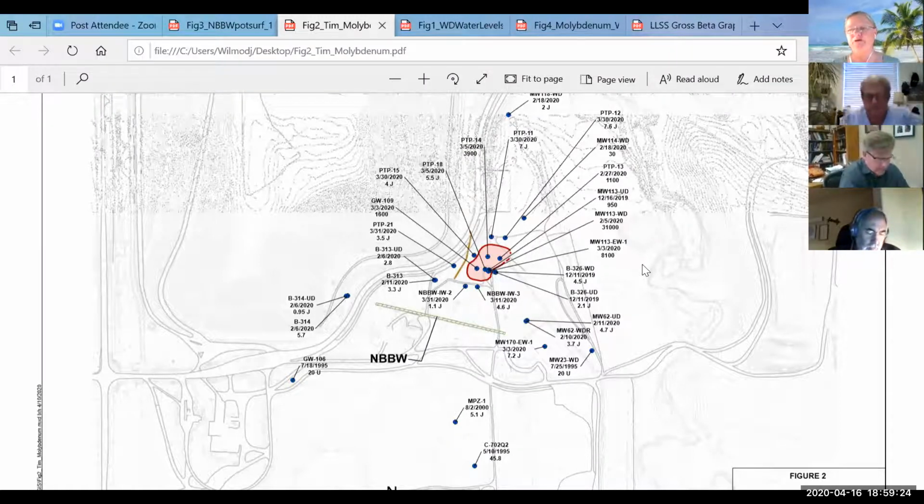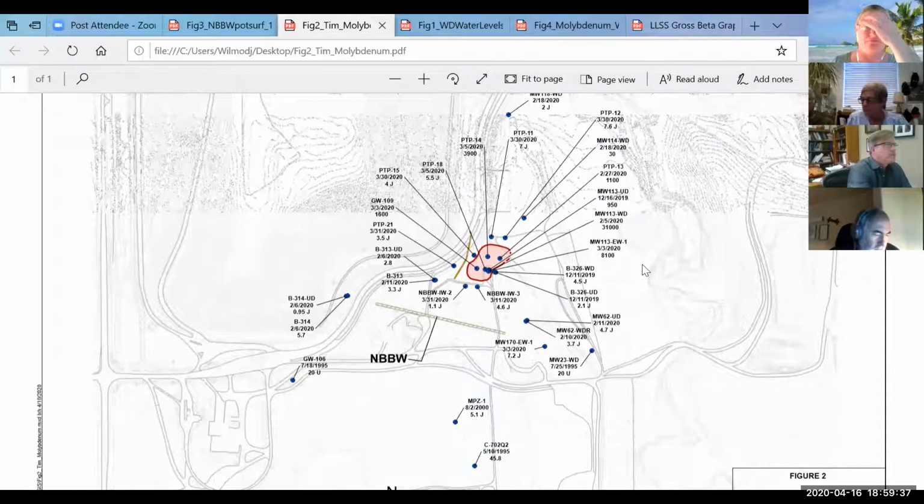XRF analysis identifies elements within the soil matrix. We've done 8 samples from cores within wells in this area, and 2 of those cores were from MW113 EW.